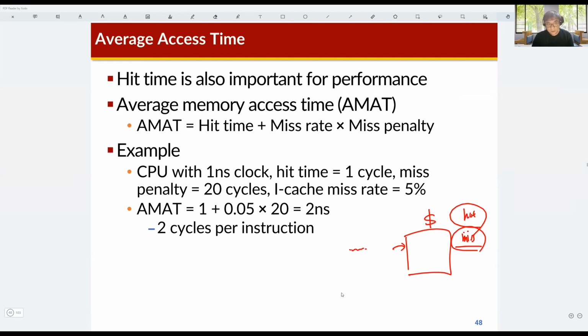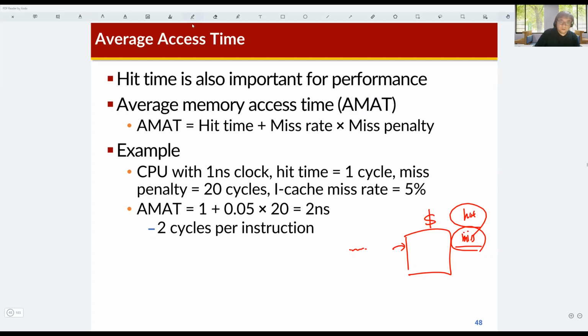We assume that the access latency for the level one cache is less than the clock cycle. That is actually the hit access time. When a miss happens in this cache, we need to add more cycles to handle the missed request. The average memory access time, in abbreviation form, is called AMAT.